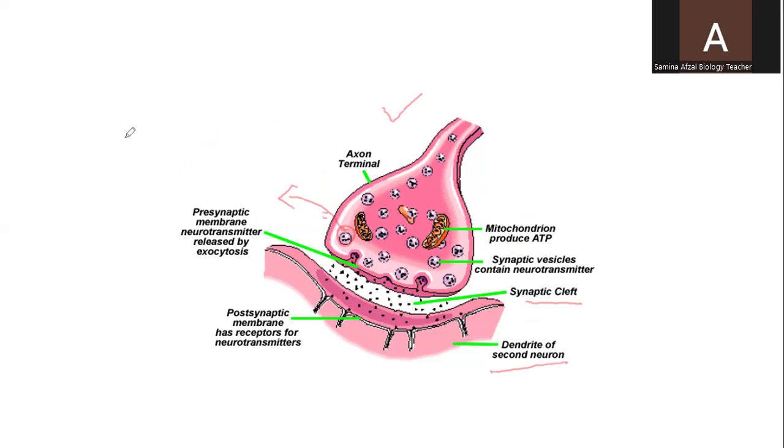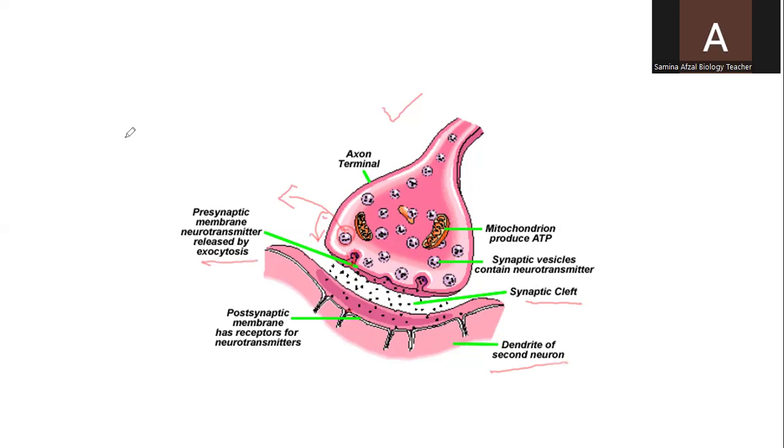These neurotransmitters attach themselves with the membrane of the axon terminal. They are released through this membrane by exocytosis into the synaptic cleft, and then they attach on the postsynaptic membrane, which has receptors to receive these neurotransmitters.